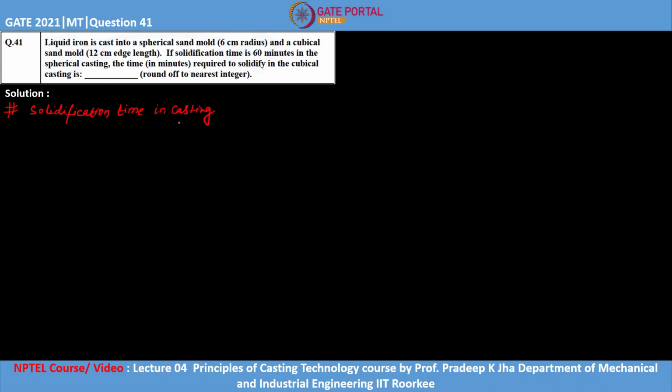So the solidification time is mainly dependent on two main factors. The first one is the volume of casting, and the second one is the surface area of the casting. To calculate the time required in solidification, we have a rule called Chvorinov's rule.